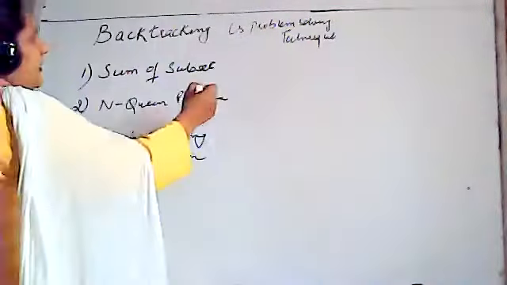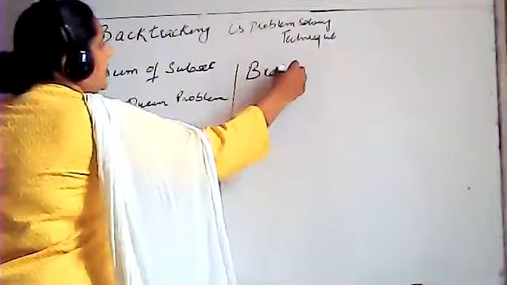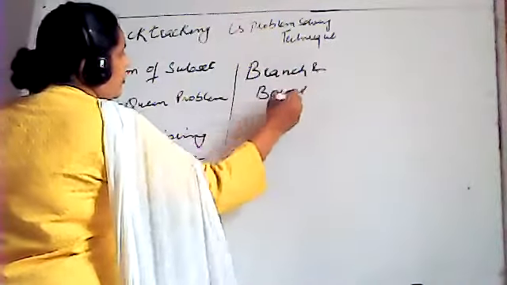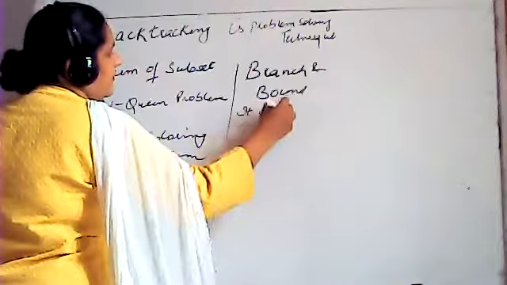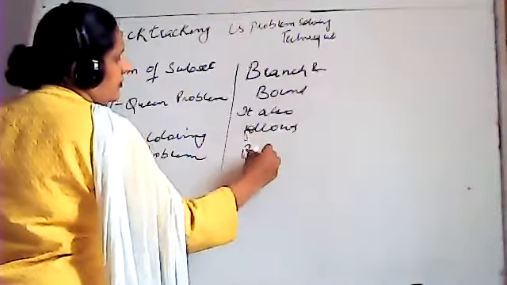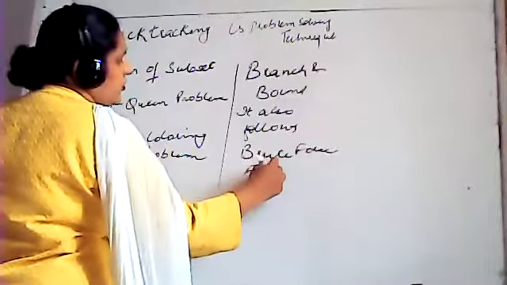There is one more technique which is called branch and bound. Similar to backtracking, it also follows the brute force approach.